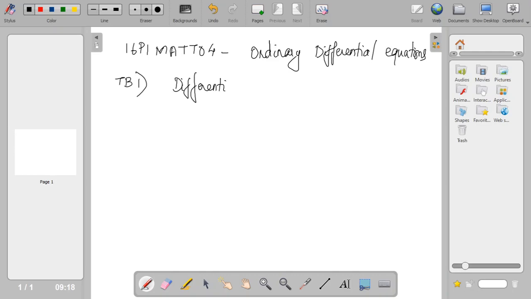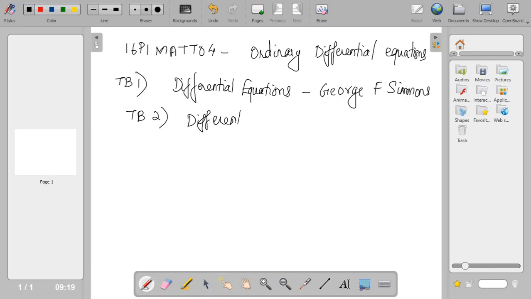Textbook 1 is Differential Equations by George F. Simmons, and textbook 2 is Differential Equations by Shepley L. Ross.